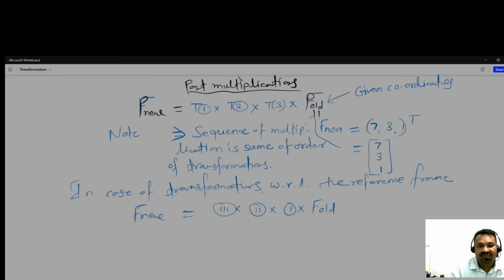The sequence of multiplication is just the reverse of the sequence of transformations. This is the case of transformation with respect to the reference frame.